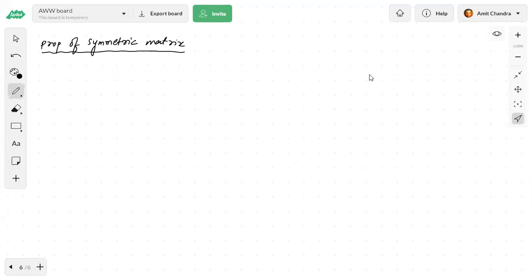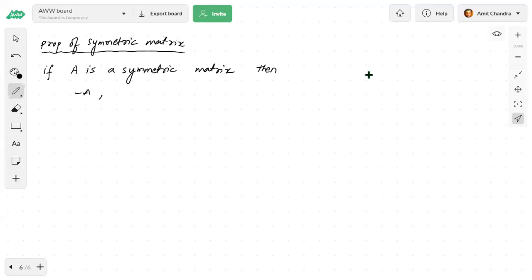The first is, if A is a symmetric matrix, we know that it is of the order n cross n. That means it's a square matrix. There is no doubt about it. If A is a symmetric matrix, obviously it will be a square matrix.